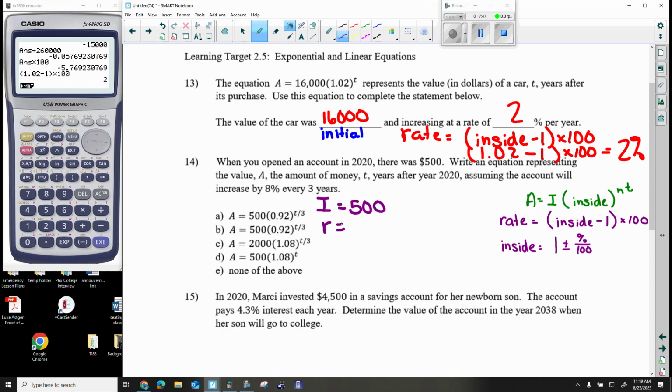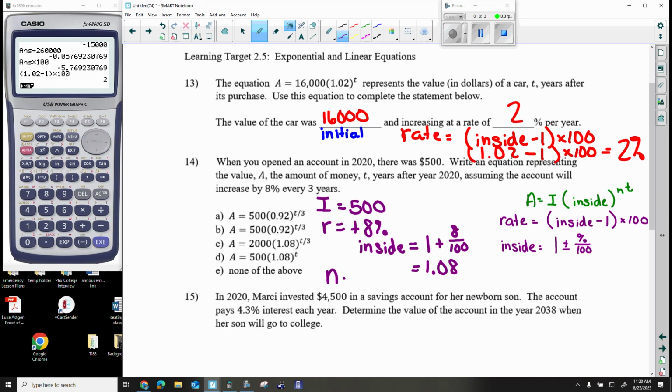They give us a rate which increases by 8%. So I'm going to instantly turn this in. I need to know what the inside number is, and that is going to be 1, in this case, plus the percentage. That's my inside number. That goes inside the parentheses.